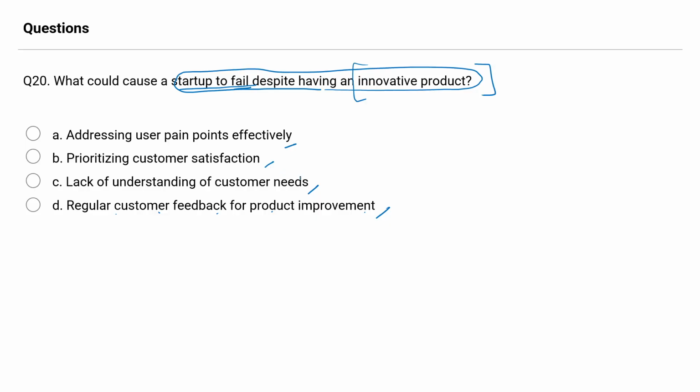What could cause a startup to fail despite having an innovative product? Something which is very different, something which is not existing. Got one vote for option C.